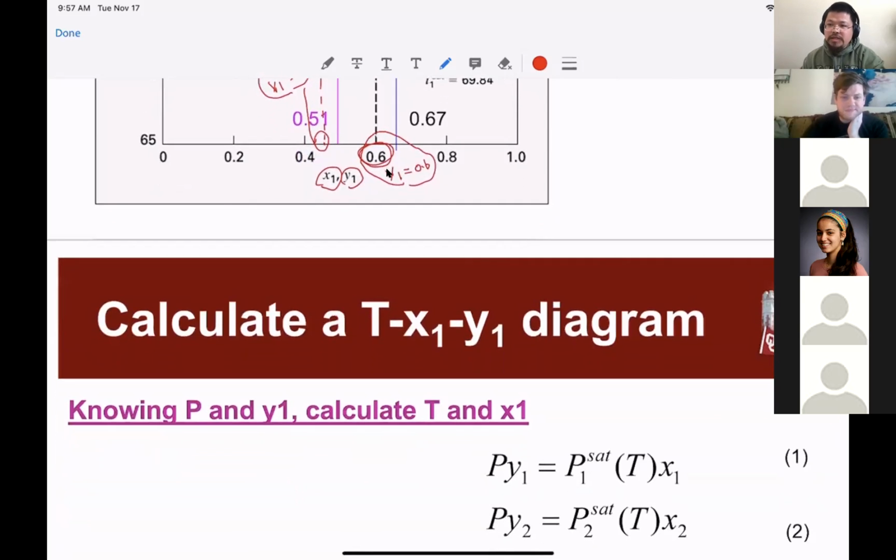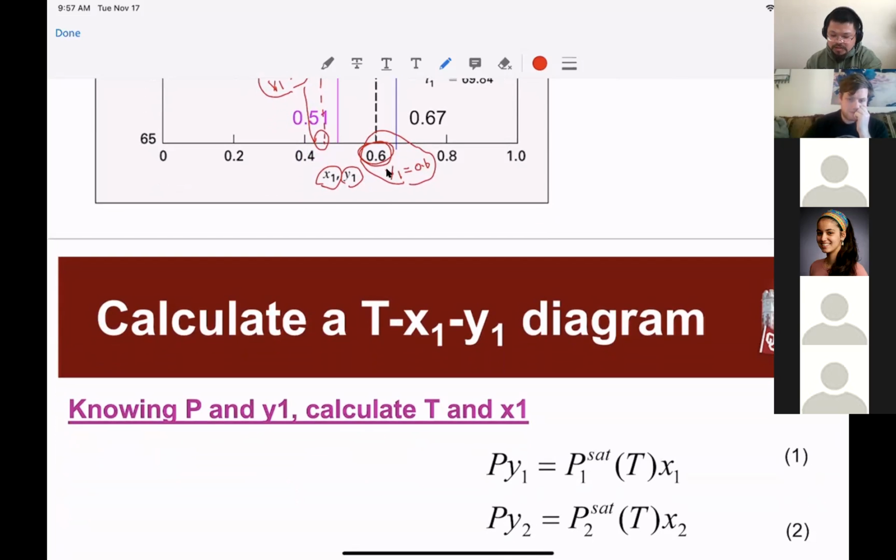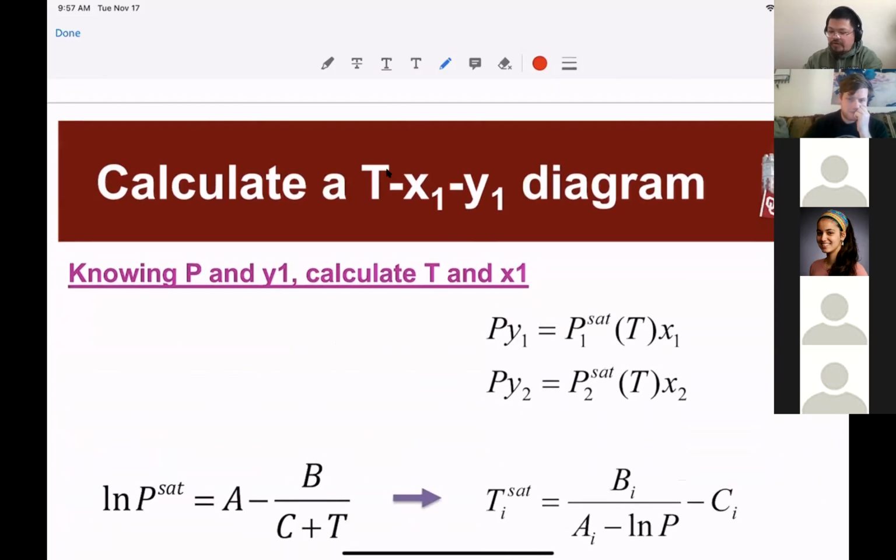So you can see that with the previous three slides, we are able to discuss the two types of vapor liquid equilibrium calculation. So now let's move on. How about if I know the pressure? Now in the vapor phase, we know the total pressure. We know the y1.